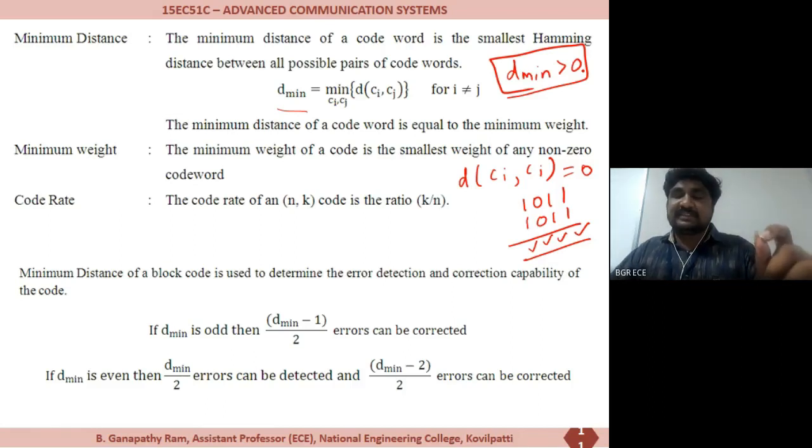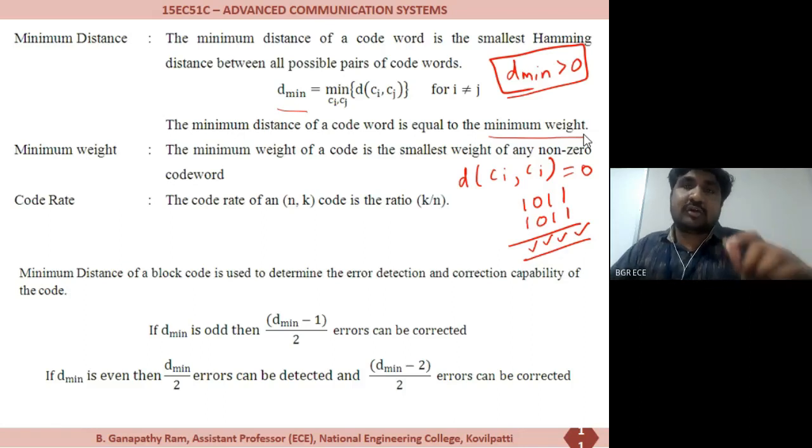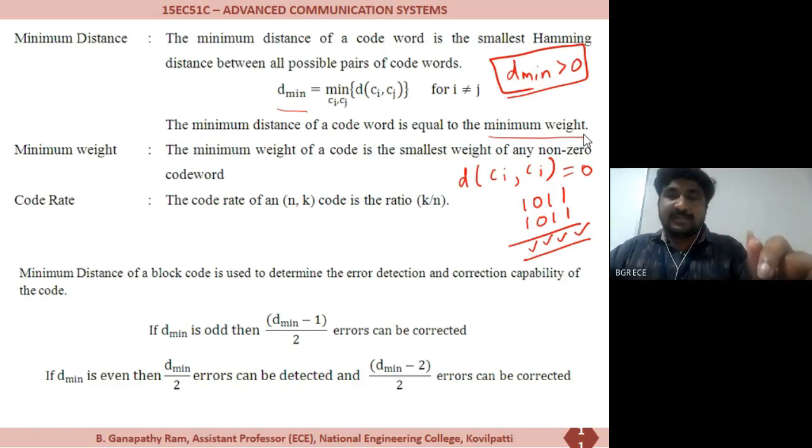And the minimum distance of a code word will always be equal to the minimum weight. The minimum weight of a particular n comma k block code is determined by identifying the smallest weight of any non-zero code word.